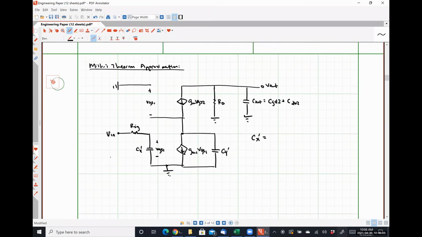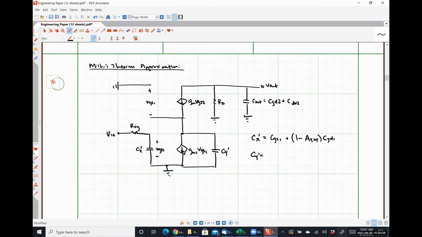So Cx prime is just going to be CGS1 plus 1 minus, I'm going to just call this for now, AVXY times CGD1, because we don't know what the voltage gain relationship between node X and node Y is, right? We're going to do that next.